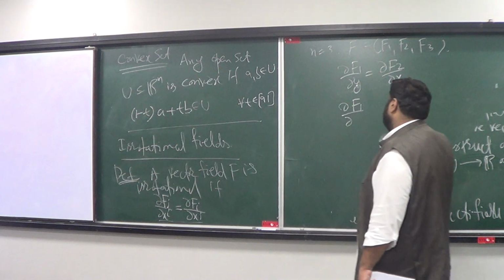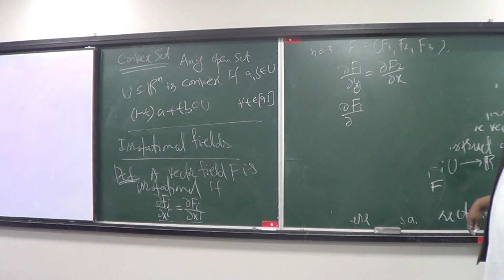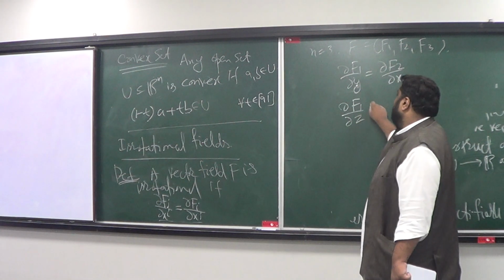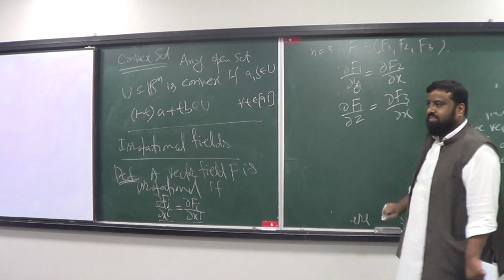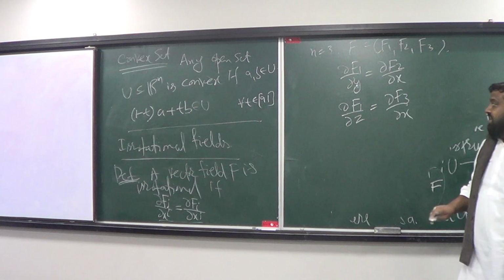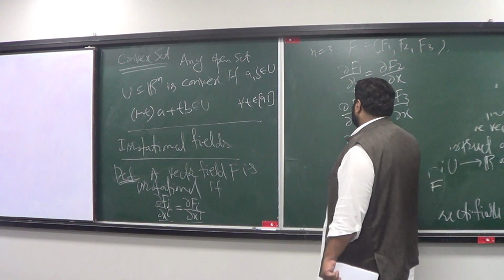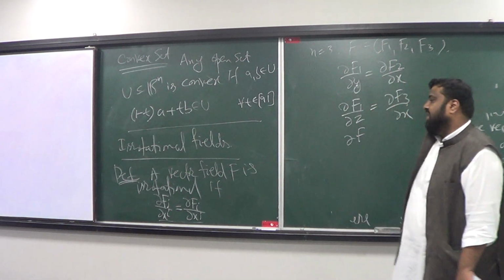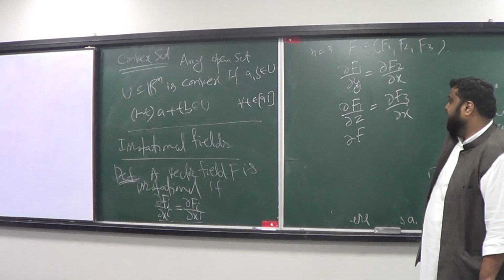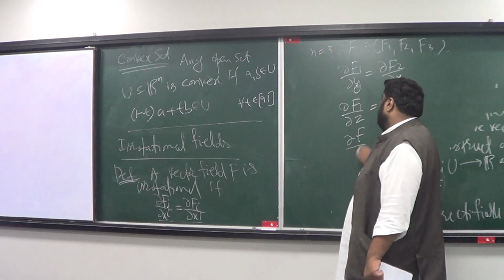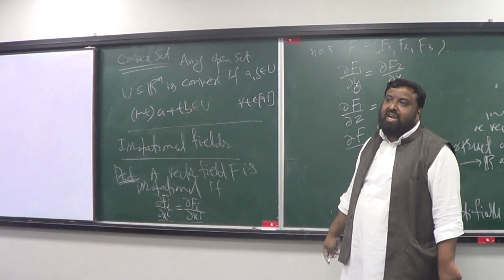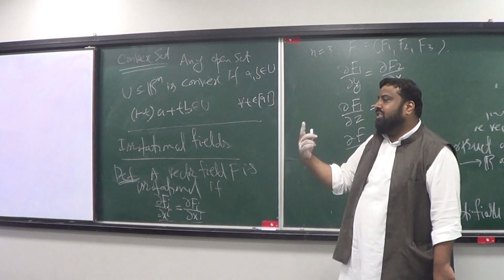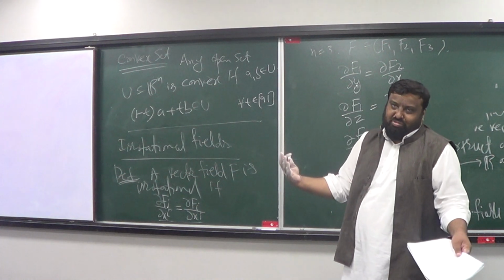For example, let's think for this. So what should I do next? F1 with respect to z and F3 with respect to x. Obviously, i and j must be different, because if i and j are equal, both sides are the same derivative, so obviously they are going to be equal.